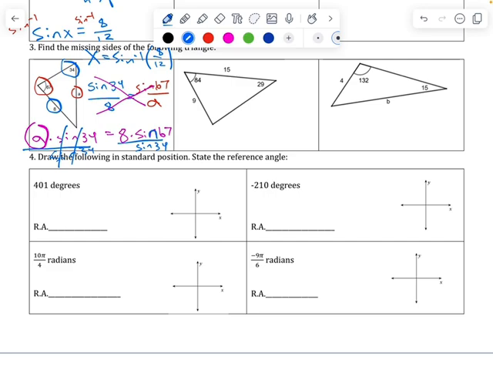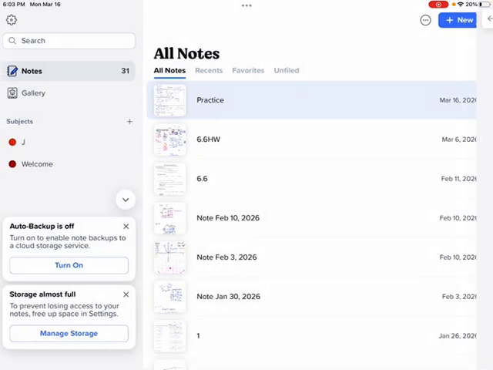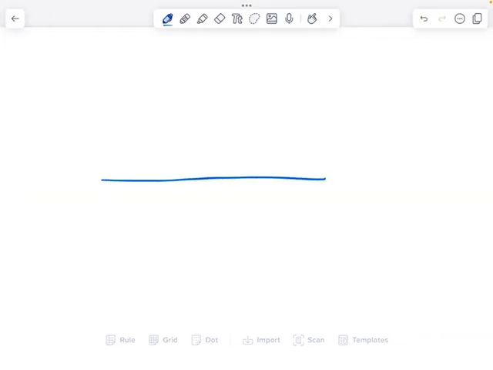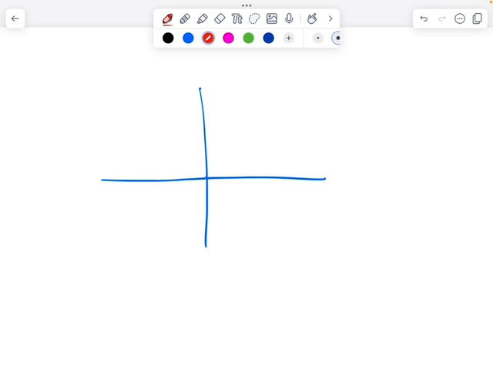Okay, reference angle. Reference angle is how much rotation you need to get to the x-axis. Because this is an important one, let me get out of here, and let's just open a new note and walk through this. So if you have an angle that's right here, then the reference angle is how much more rotation you need to get to the x-axis.